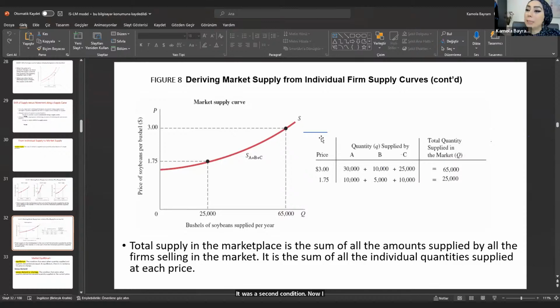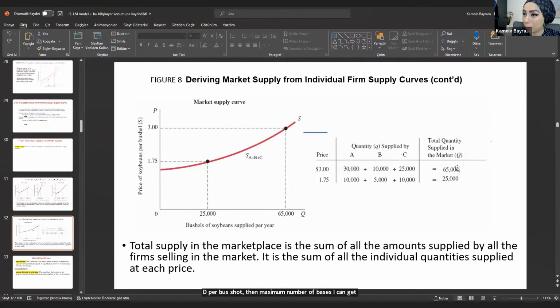Now I will sum up. It's just simple arithmetic. I'm going to sum up the amount these companies are willing or can produce for a given price. So I have 3 firms, and this is the amount they can produce for the price of $3, and the total market production will be 65,000. So it means that from this community, if the price is 3 USD per bushel, the maximum number of bushels I can get is 65,000.